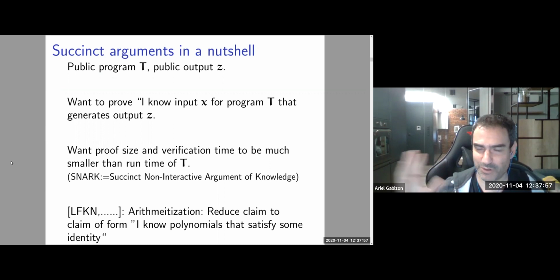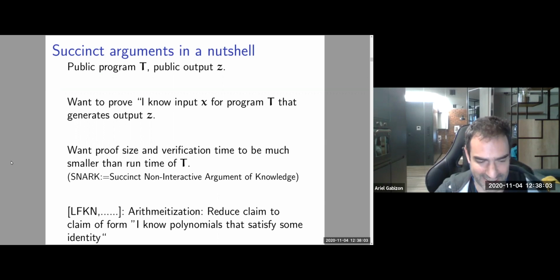Now, I'm compressing decades of work into one sentence, but basically the approach for how to do succinct proofs is something called arithmetization, which arguably started with the classic work of Lund, Fortnow, Karloff, Nisan that gave us coNP is in IP.